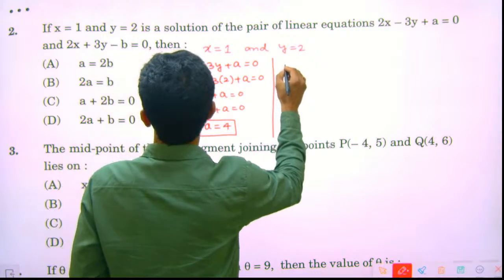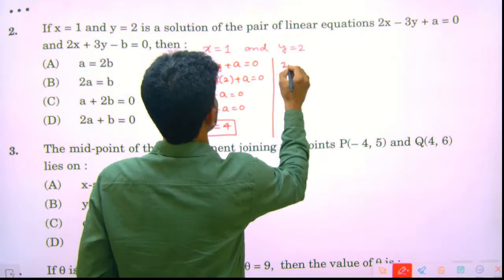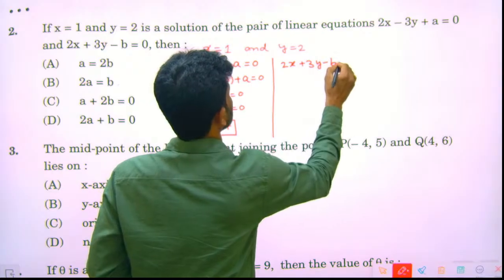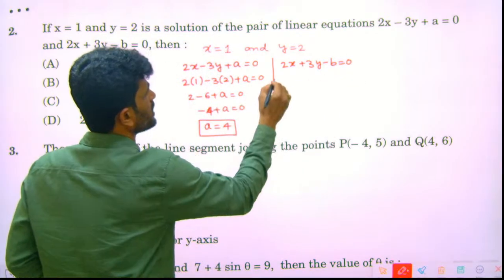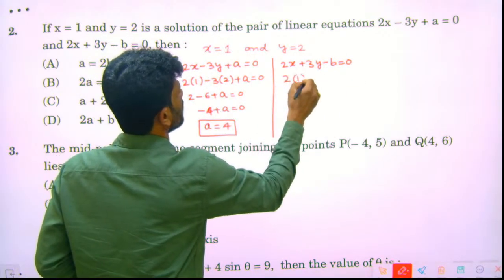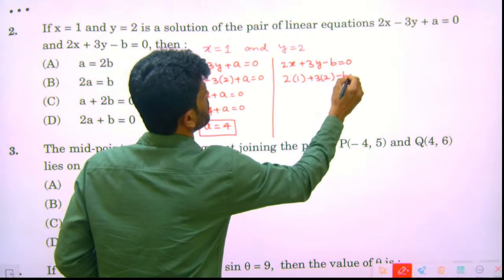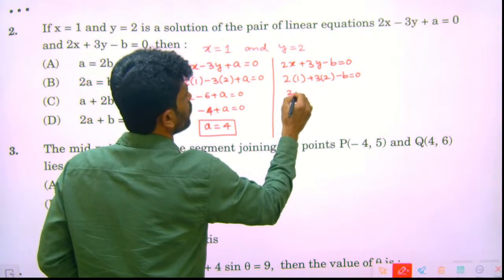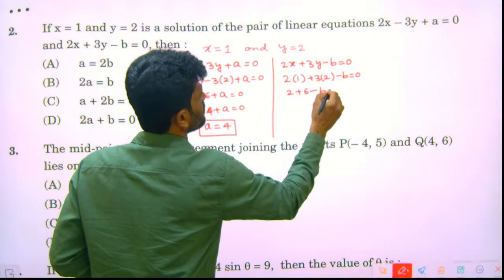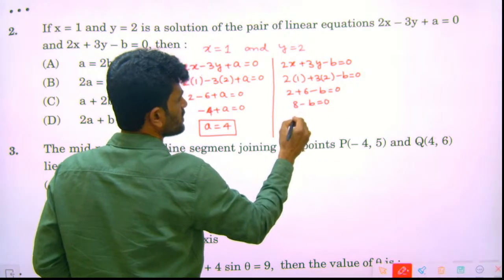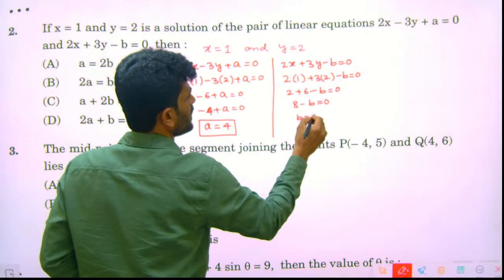Second equation is what? 2x plus 3y minus b is equal to 0. So 2 into 1 plus 3 into 2 minus b is equal to 0. So 2 plus 6 minus b is equal to 0. 8 minus b is equal to 0. By this, b is equal to 8.